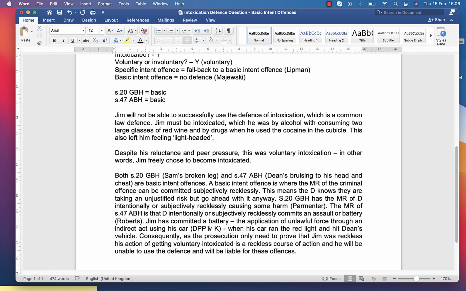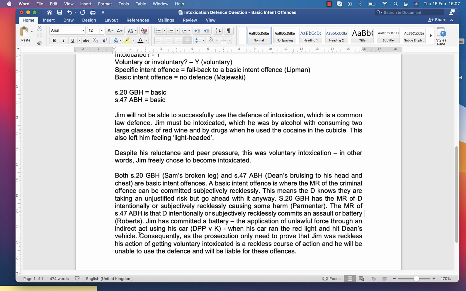So I've just put there DPP v K. I didn't feel the need to explain the case facts any more fully. And then I've got here, when his car ran the red light and hit Dean's vehicle. So that's really me applying back to the problem scenario. I'm making it clear the battery took place indirectly.